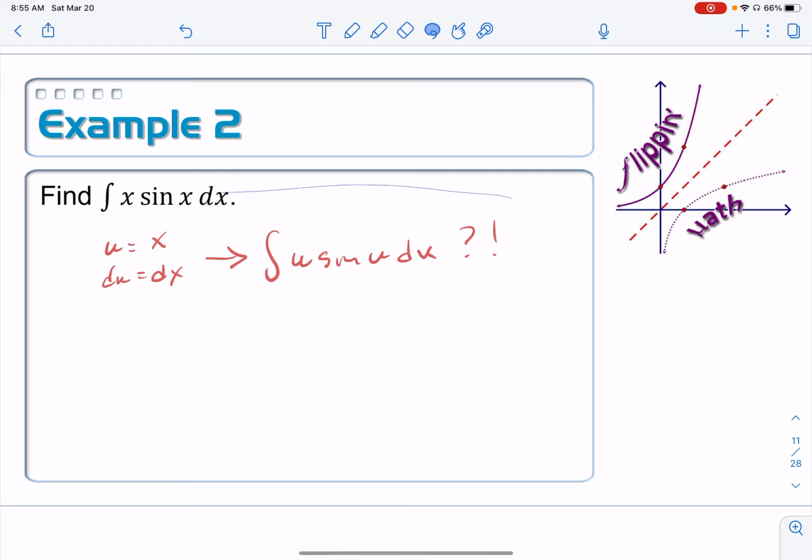All right, let's be sensible about this. Notice that what we do have is an algebraic function right here, and we're multiplying it by a transcendental, in this case a trigonometric, function. That is a pretty good indicator that we're going to do integration by parts.